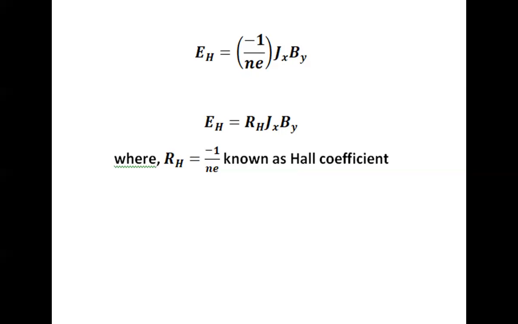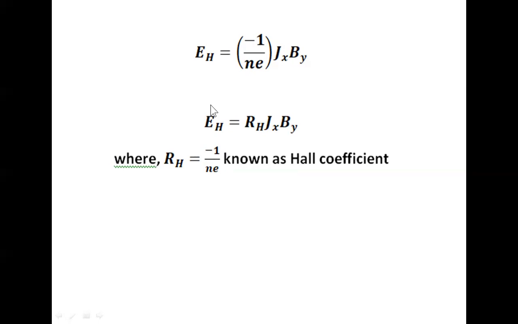Because of the Lorentz force, a separation of charged particles takes place, which produces an electric field. This is known as the Hall electric field, and it is given by RH into Jx into By. Jx represents the current density, By represents the magnetic field applied, and RH represents the Hall coefficient.